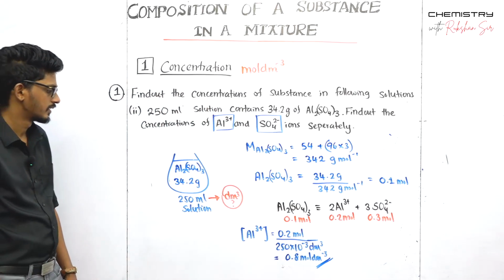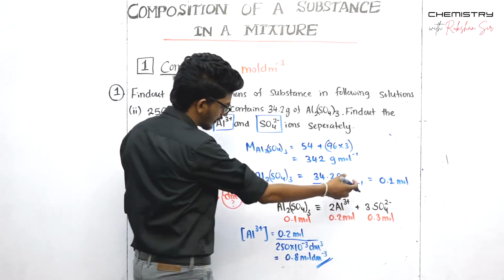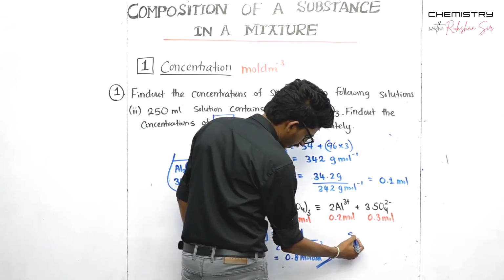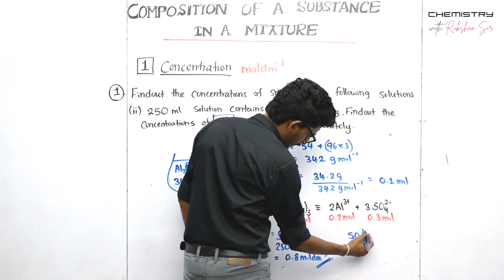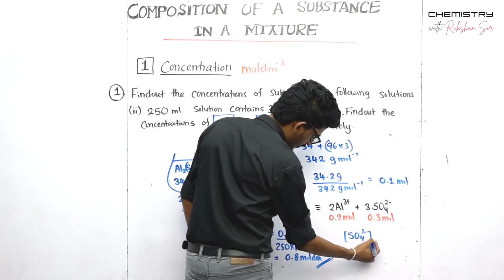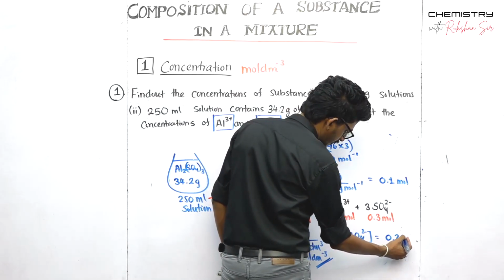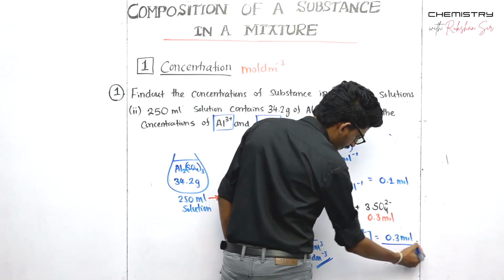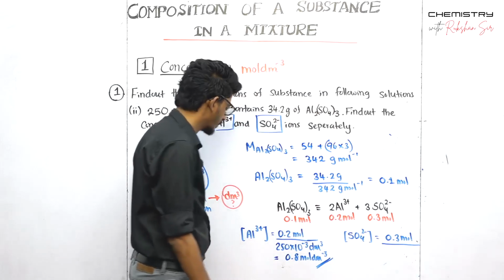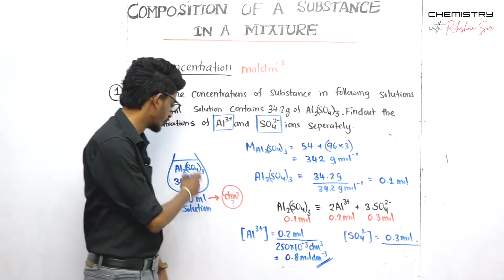Now let's do the same for the sulfate as well. The concentration of sulfate is equal to the moles of sulfate divided by the dm^3 value. The dm^3 value is the same, right? Both are in the same solution, same volume.